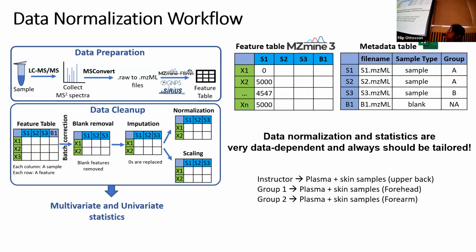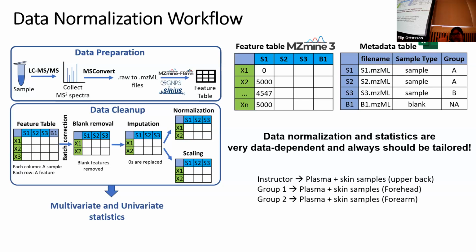So once you've got this feature table and your metadata, then you could perform data cleanup, which is like, as I showed here, some batch correction, blank removal, imputation, and some other normalization techniques. I would show them in the coming slides.